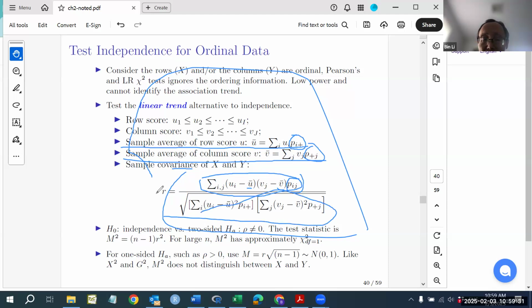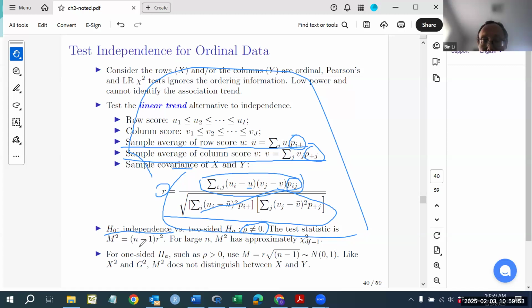Okay, so after we get the r, the null hypothesis, let's say independence, against the alternative that rho is not equal to 0. That means we have some linear trend. Rho is the correlation.